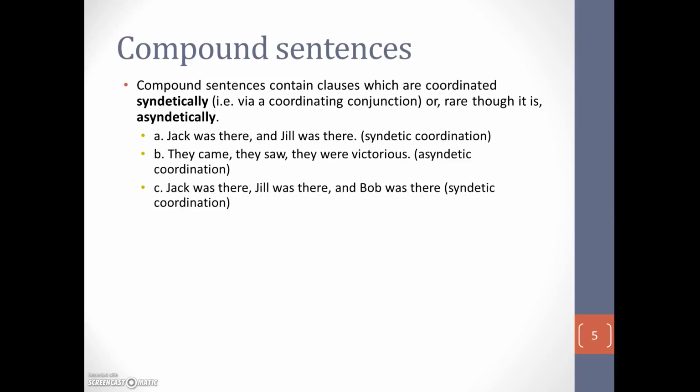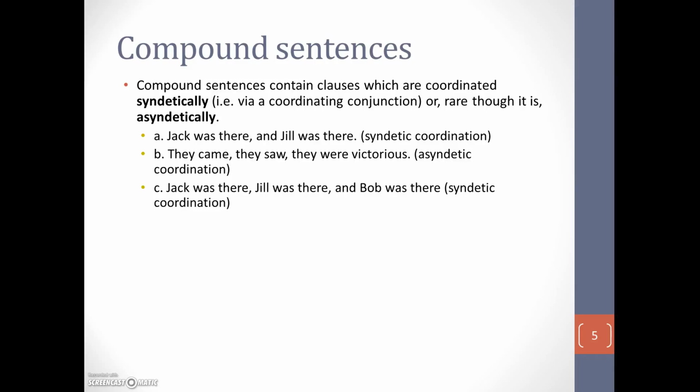Let's look at compound sentences. Remember, compound sentences are sentences that contain a coordinator, normally "and", for instance, a coordinating conjunction. Compound sentences contain clauses which are then coordinated, and we call this syndetically.